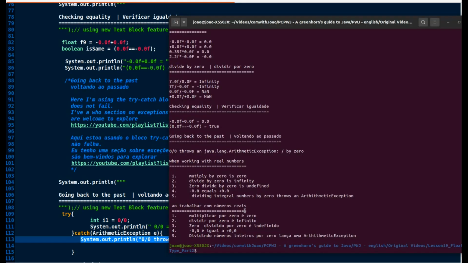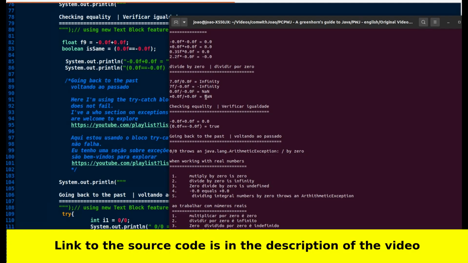The exception it's throwing is an arithmetic exception, division by 0, where you can see that with a float it doesn't throw an exception at all. You don't need to put it in a try-catch clause. When you divide a number by 0 it gives you infinity, and if you divide 0 by 0 it's undefined.